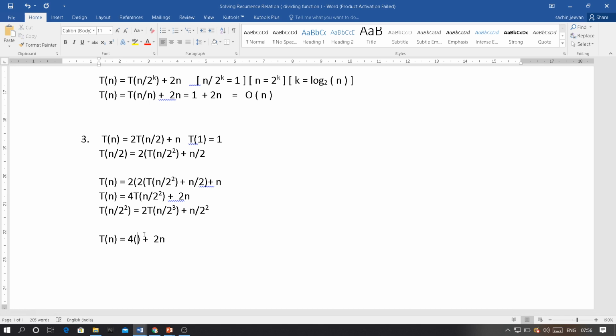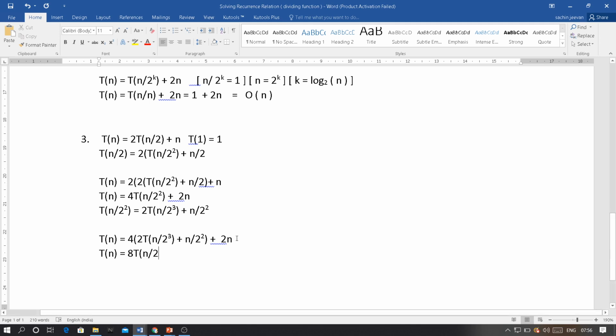Bracket inside bracket. Now this 4 has to be multiplied inside for both these terms. When I multiply inside, 4 multiplied by 2 will become 8T(n/2³), plus 4 multiplied by n/2². 2² is 4, so 4 in the denominator and 4 in the numerator will cancel, which again gives you n.